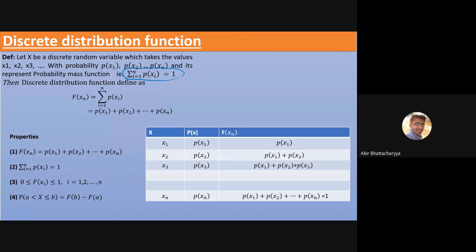Already we have discussed that. Now what we are going to discuss here is the discrete distribution function. What is that? If I add all these nth values of the probabilities, I'll get that summation, and that summation is going to be known as the discrete distribution function.